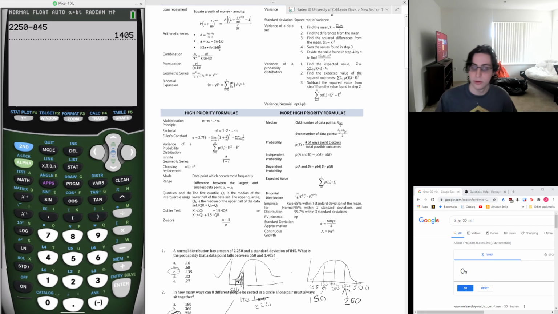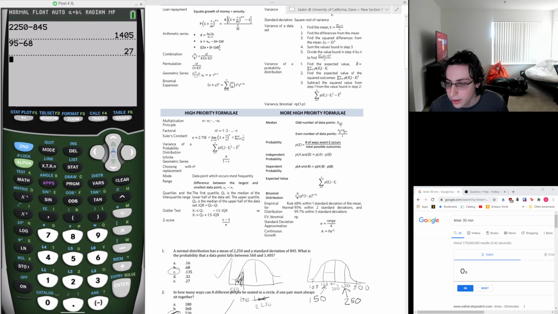So the trick that you need to recognize here is 2 things. First of all, you want to subtract 95% minus 68%. The reason that we do that is because that gives us 27%. There's a 27% chance that something falls farther than 1 standard deviation away, but less than 2 standard deviations away.